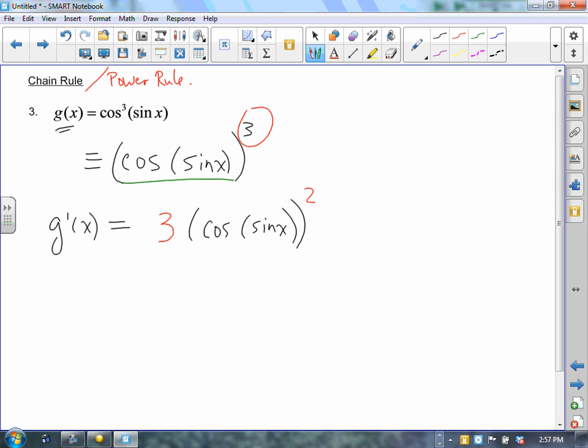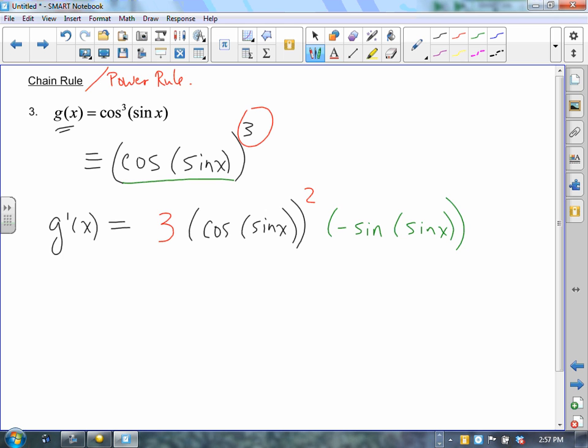So we can see how the chain rule is not going to be used only once, but twice. The first time we applied the power rule, and the chain rule is coming out at us right here, right now, with what you see color-coded in green. So we're going to find the derivative of cosine, and we know that is minus sine. And the argument was sine x.